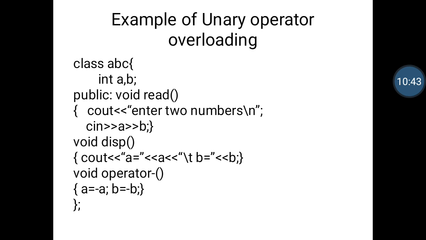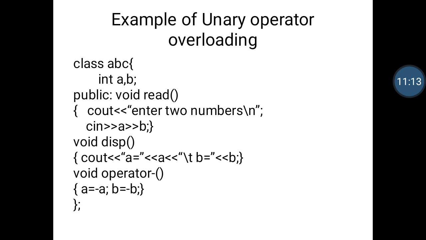Here I will show an example of unary operator overloading. I am using a class ABC in which A and B are the two data members. I am writing one read function for reading the values, and one display function for displaying the values of A and B. Another one is void operator minus.